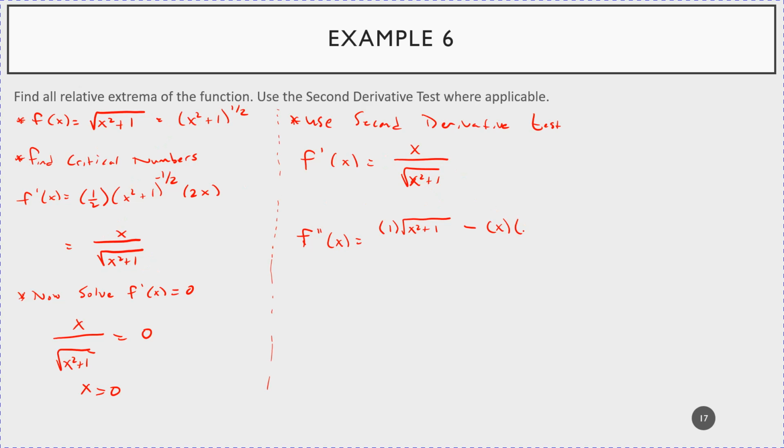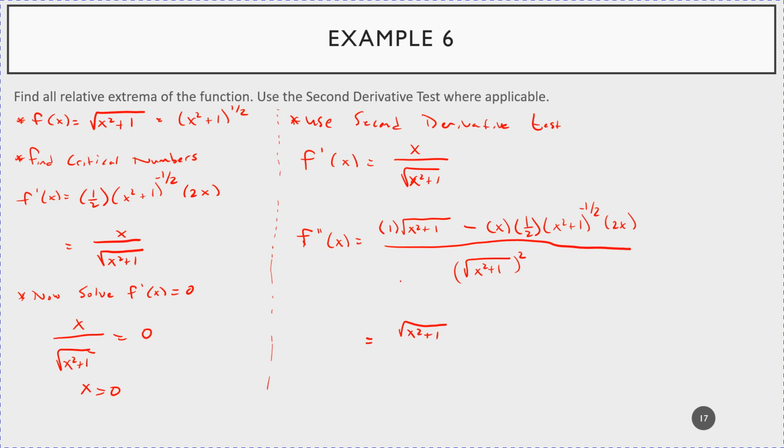So the 1/2 comes down. x squared plus 1 to the 1/2 minus 1 is minus 1/2, times 2x, all over this squared. All right, so now let's clean it up. This is the square root of x squared plus 1.